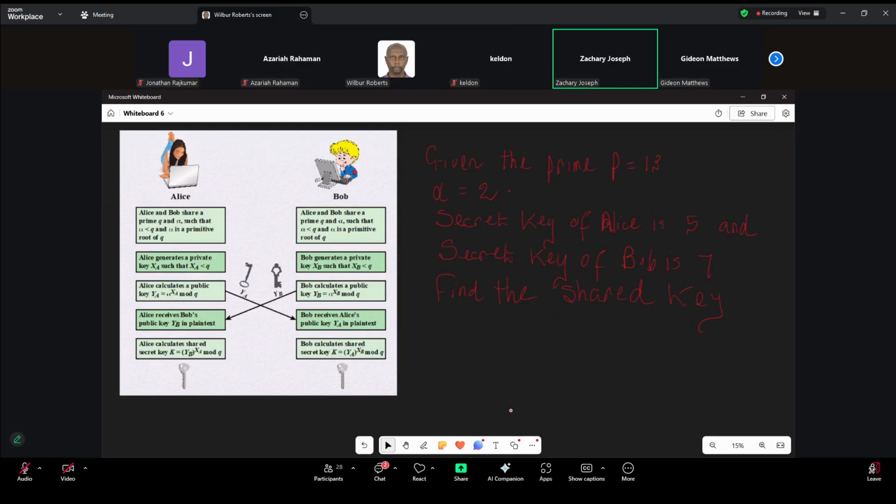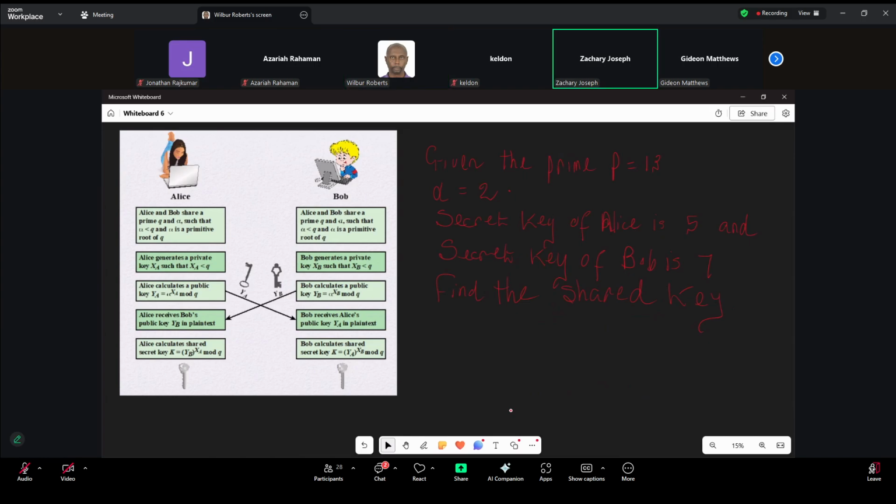Alice says that Alice and Bob share prime Q and A, such that A is less than Q and A is a primitive root of Q. Right. So now in this problem, what will be Q and what will be alpha?